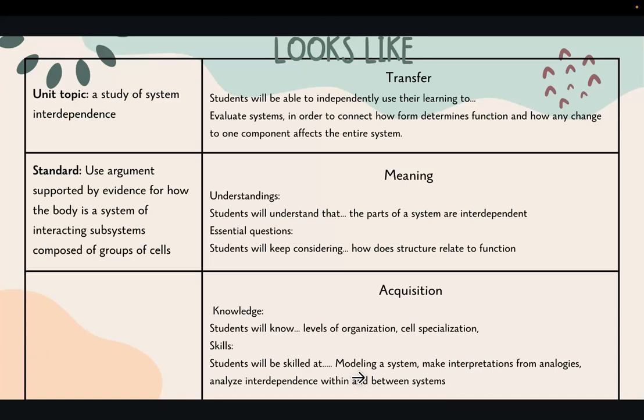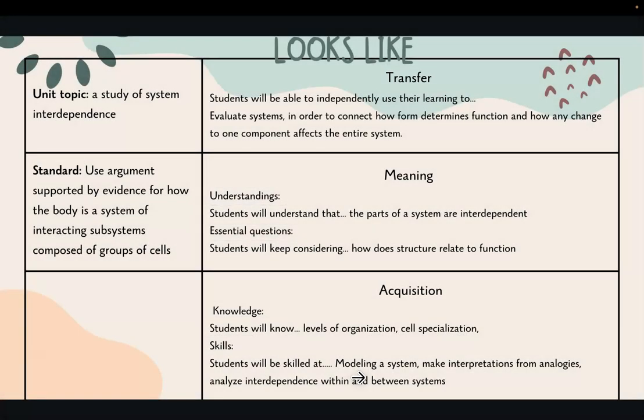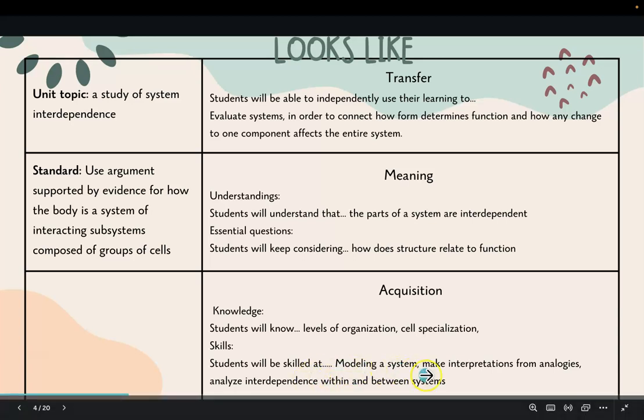For ease, or just for easy flow of thoughts and ideas, a table is a good tool for me to use to lay out stage one of the unit plan. So these are all the elements that you would see in stage one.